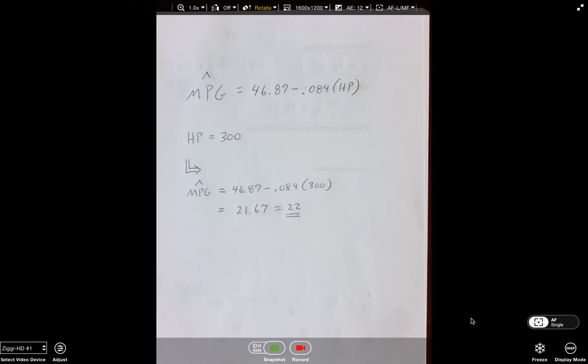So we're predicting a car that gets about 22 miles per gallon.